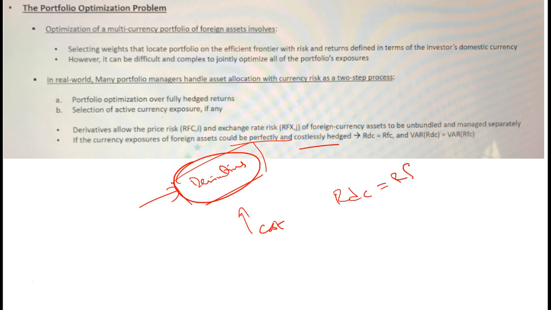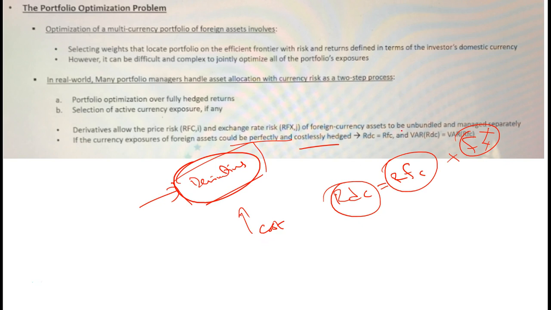So if there are no hedging costs and foreign assets can be perfectly hedged, then your domestic currency return will be equal to the foreign currency return. There wouldn't be any impact from FX because you have completely hedged it.